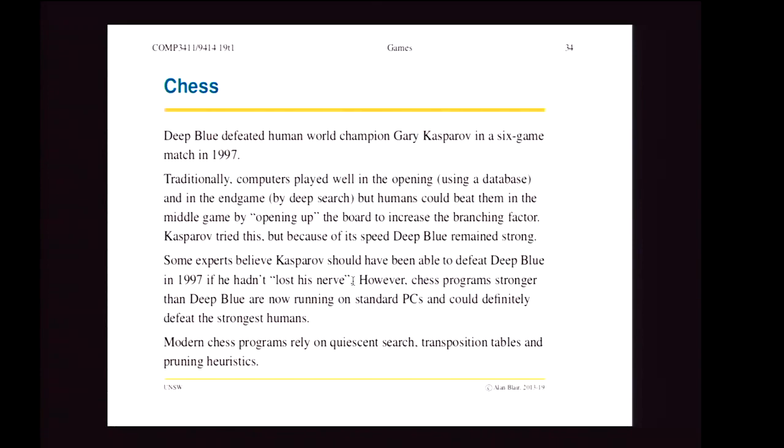He's trying to open up the board and fool the computer by giving it too many options, but it's just not working. The computer's making really good moves anyway, and he's getting flustered. Also, this relied on hardware that was specifically designed for the purpose by IBM. But of course today there are programs that can easily beat any human that run on a normal PC.